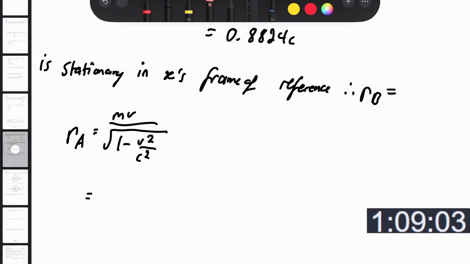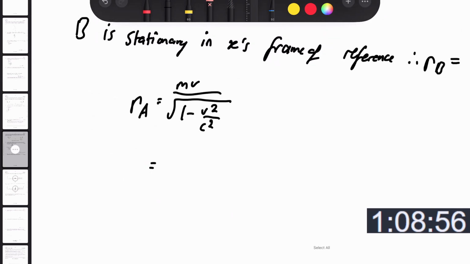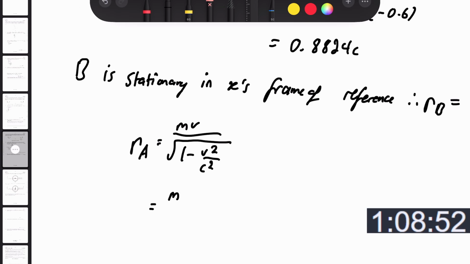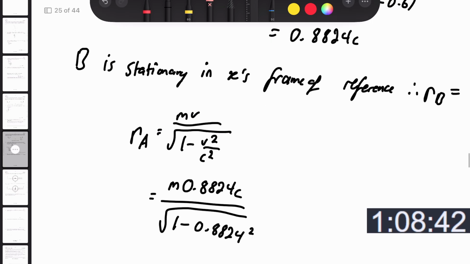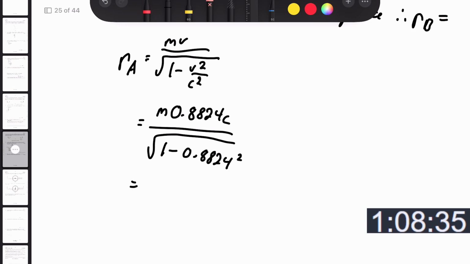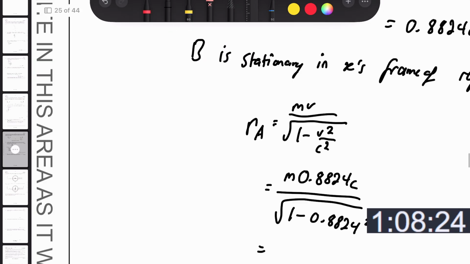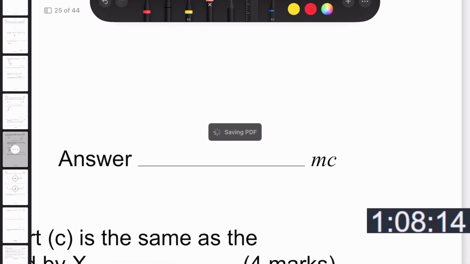So this is going to be m times 0.8824c over the square root of 1 minus 0.8824 squared, which comes out to 1.88 mc.